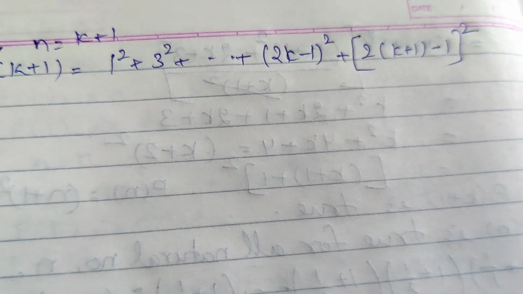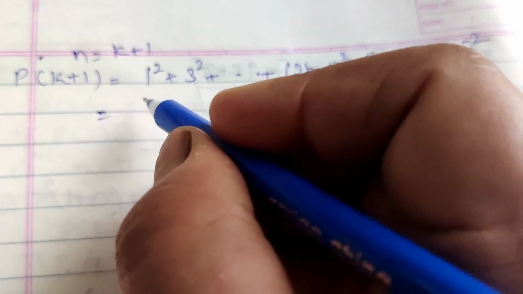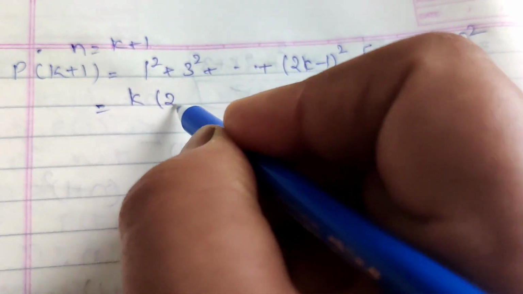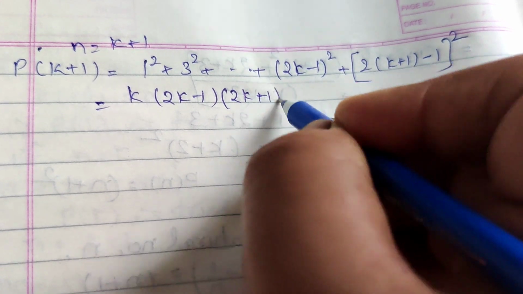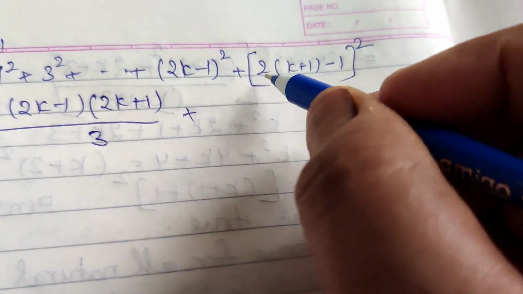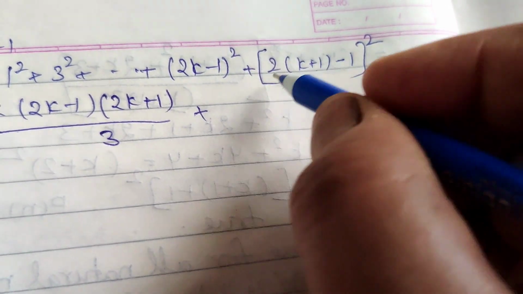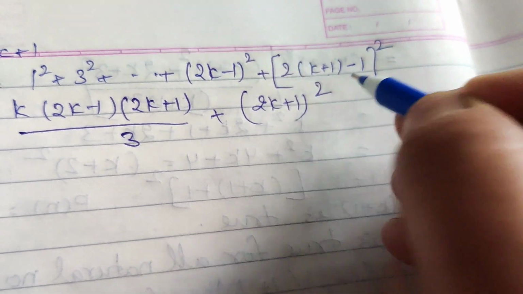The next term is this (2(k plus 1) minus 1) whole square. The sum of this series is k(2k minus 1)(2k plus 1) by 3, and this term is (2k plus 2 minus 1), which means (2k plus 1) whole square.